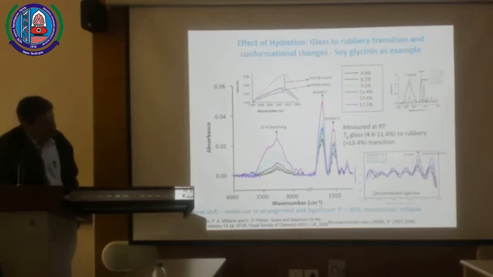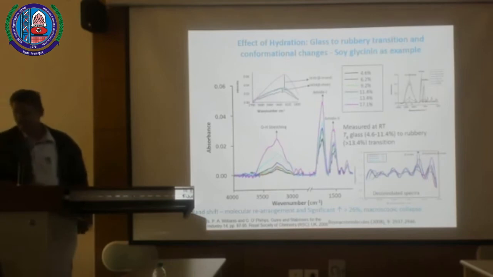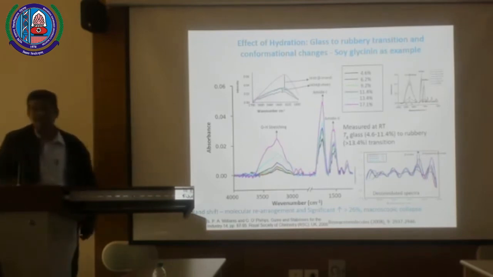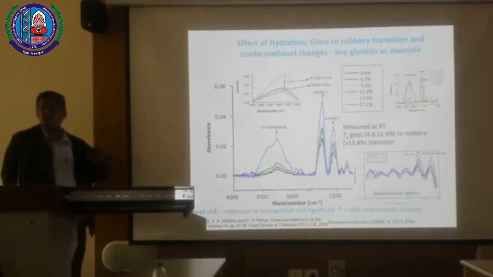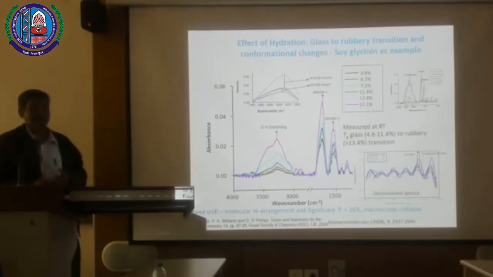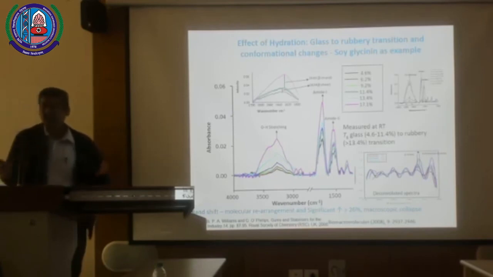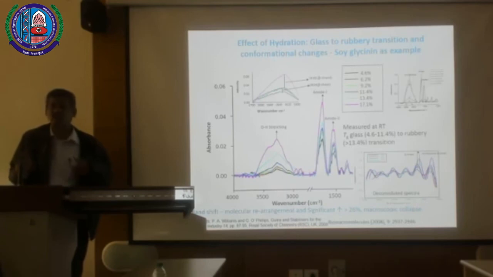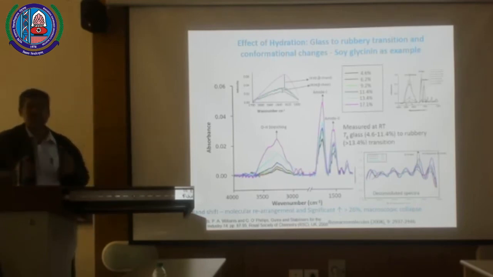You can see the beta sheet is changing to an anti-parallel type of beta sheet. That is the glass to rubber transition taking place there. Then there is the rearrangement of molecules, and the molecule is no longer a powder. That is called collapsing, meaning macroscopic collapse. So the agglomeration really takes place there.